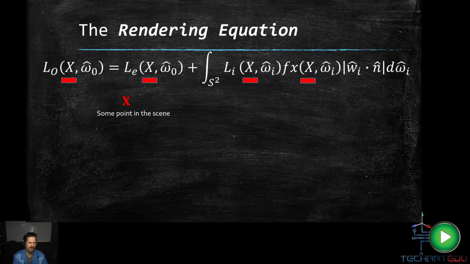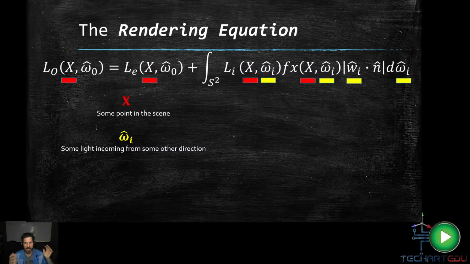Now, I have to admit, that scares me. But on the other side, we have omega I, and that means all of the light incoming from some other direction. You mean not the light coming from the camera itself, but all the light coming in from around the world and hitting that point X. Okay, omega 0 is the light that's just coming from that point directly towards the camera.